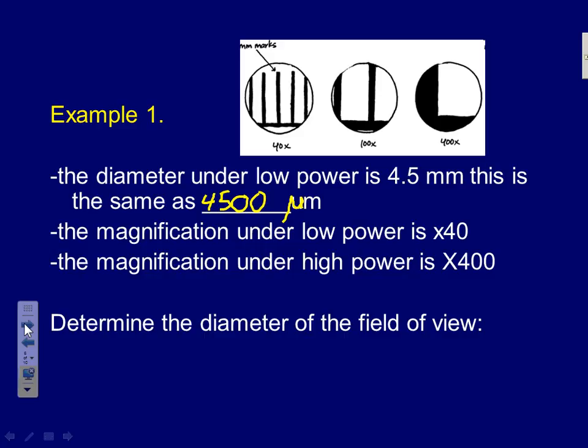If the magnification under low is 40, and if the magnification under high is 400, how wide is it here? Well, let's use our equation. D high is equal to, what did I have on the top? If I'm looking for the high number, what letters were on the top?